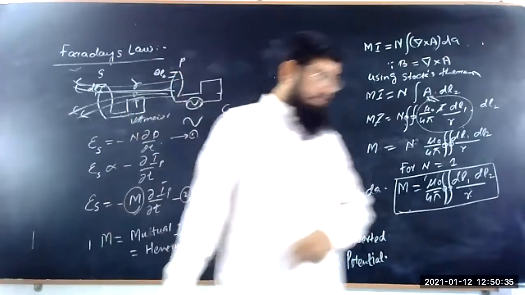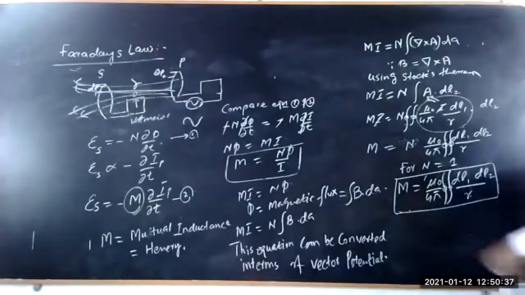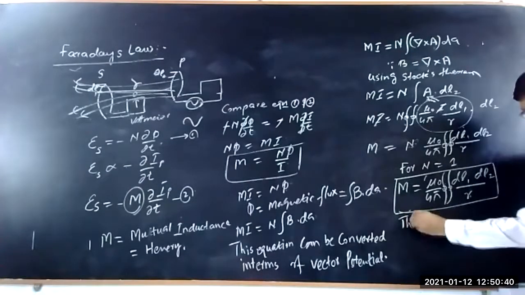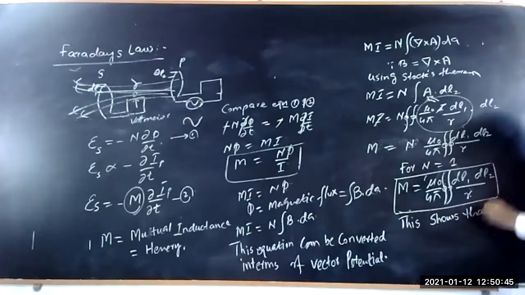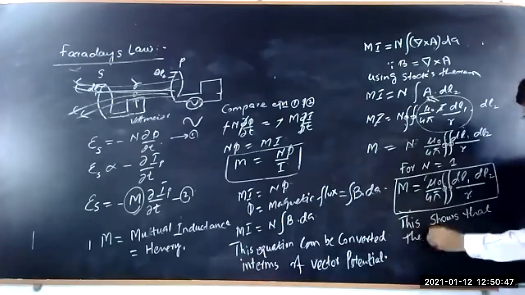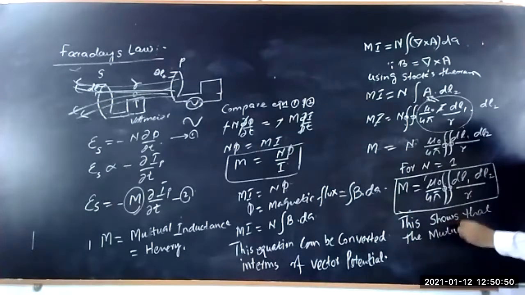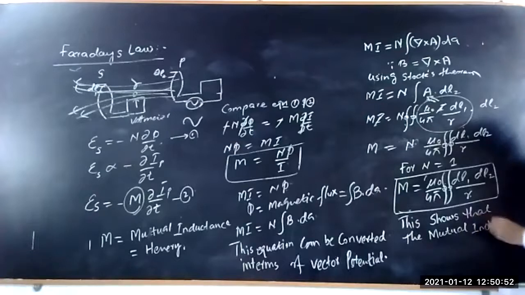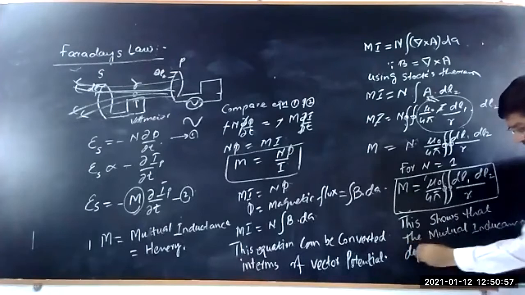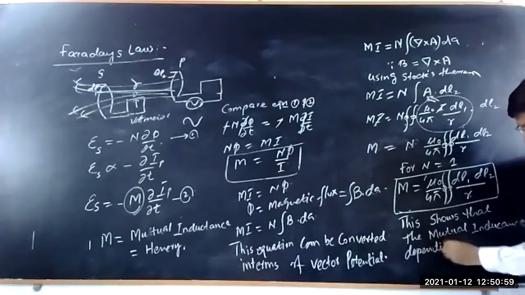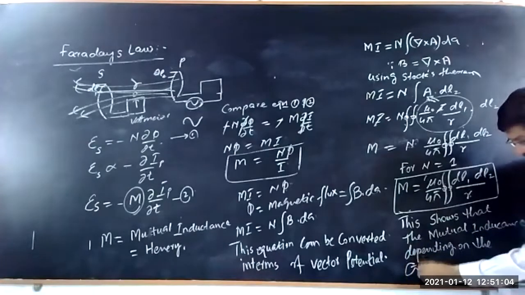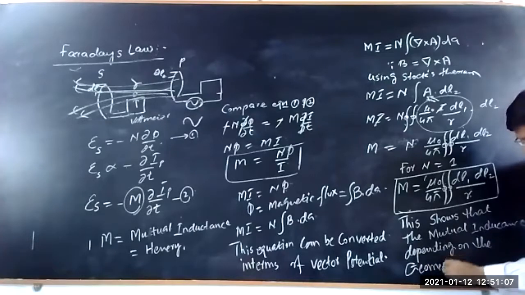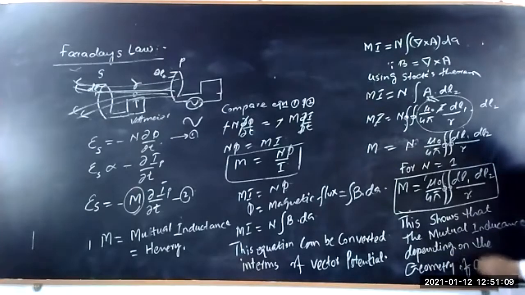So as a resultant, this shows that the mutual inductance depends on the geometry of coils.